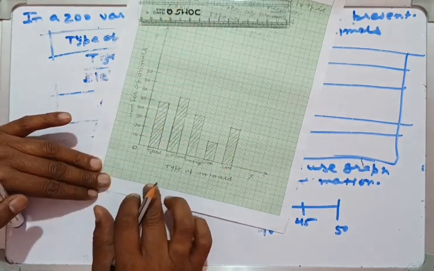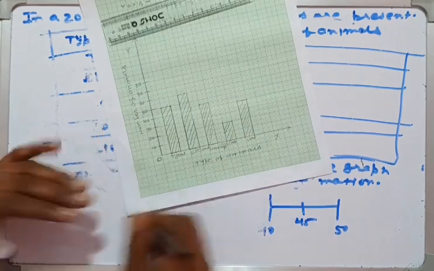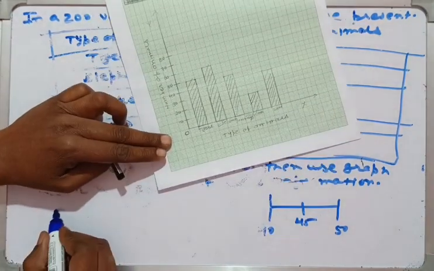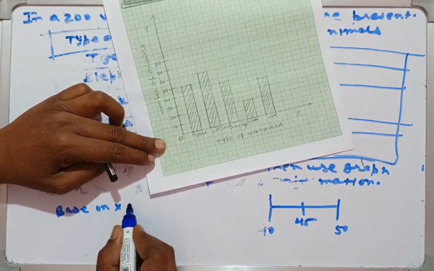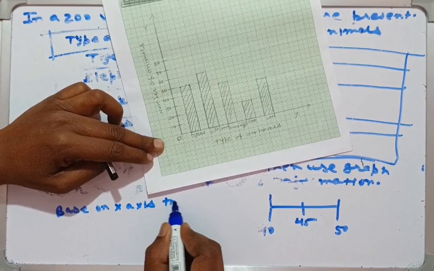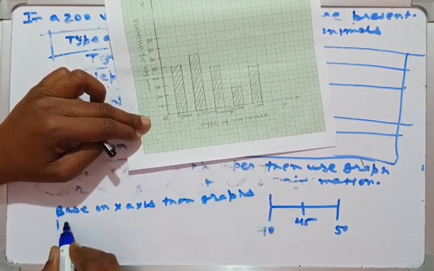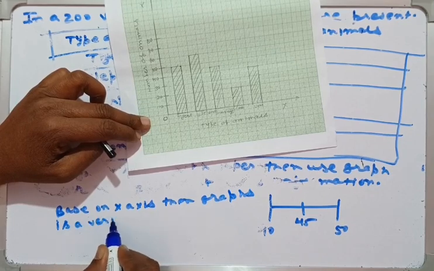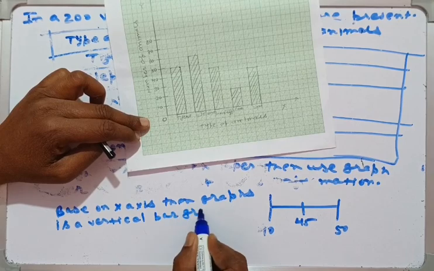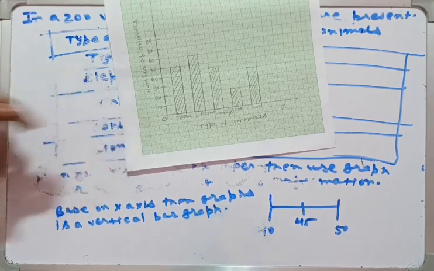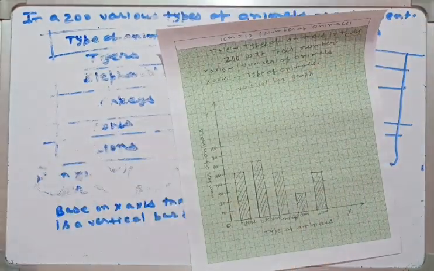So you must remember, when the base is on the x-axis, then the graph is a vertical bar graph.